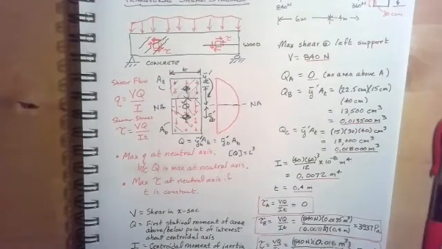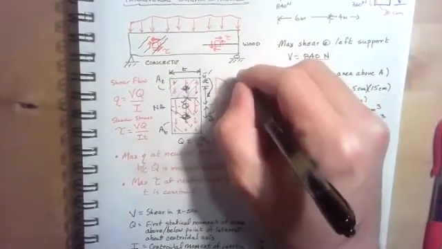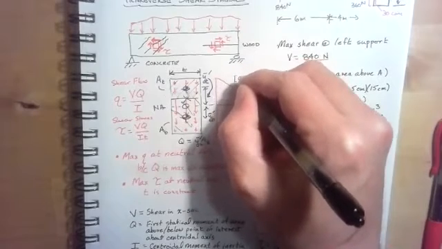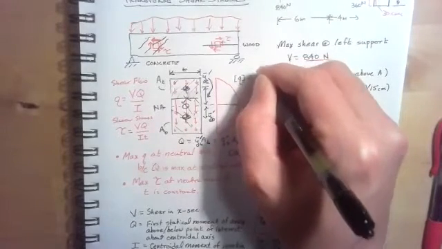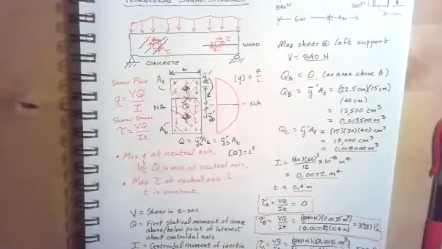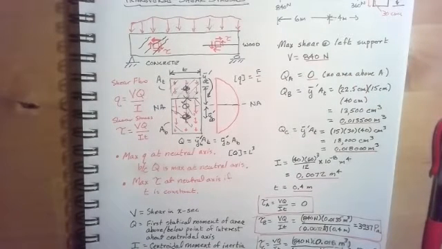So the units of lowercase q would be force per length, and that would be what we would mean by the shear flow.